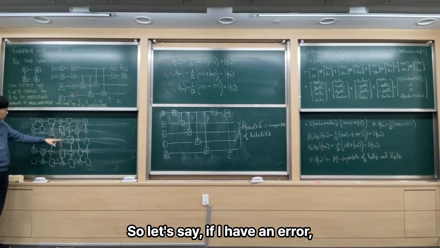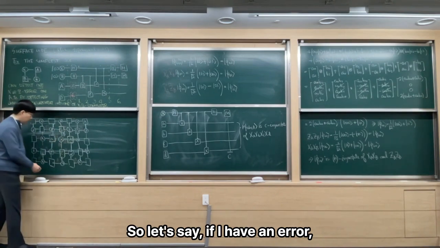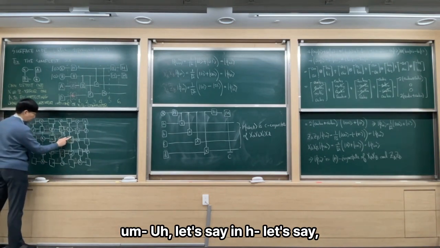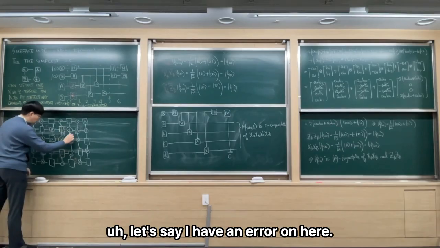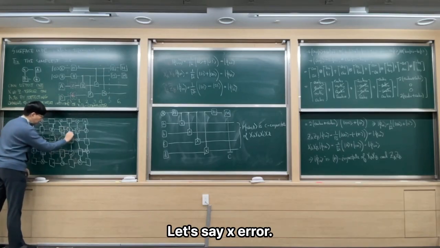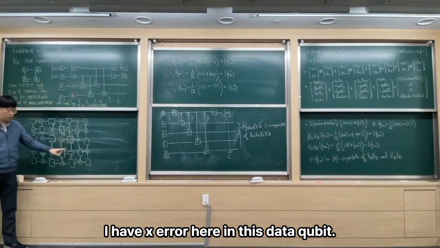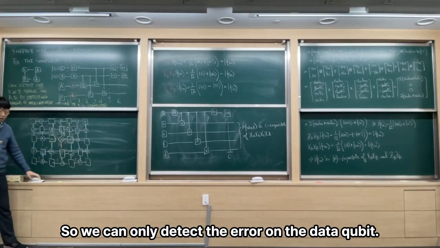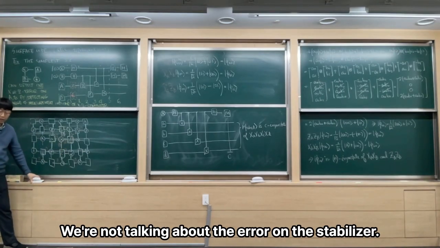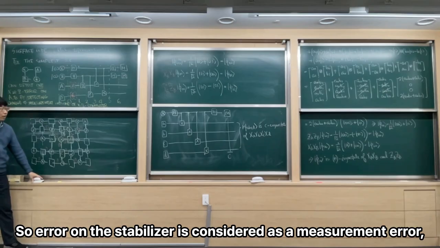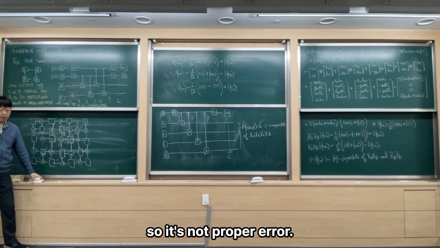Data qubit. So let's say I have an error here. Let's say X error. I have X error in this data qubit. We can only detect the error on the data qubit. We're not talking about the error on the stabilizer. An error on the stabilizer is considered a measurement error, so it's not a proper error.